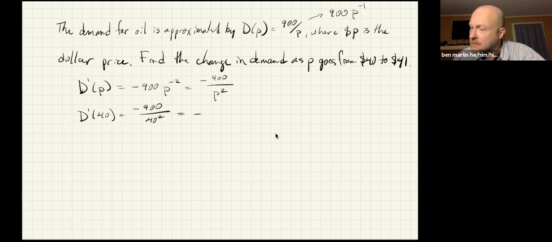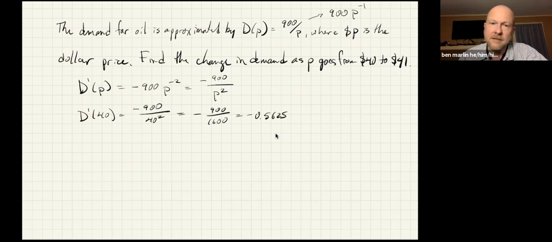So that would be minus 900 over 1600, and 9/16, which I ought to already know what it is, minus 0.5625. Okay, so what does that actually mean? It means that your demand for barrels of oil went down by that much.